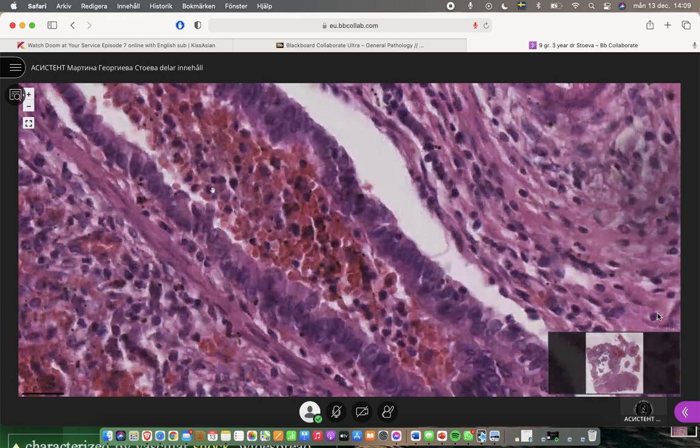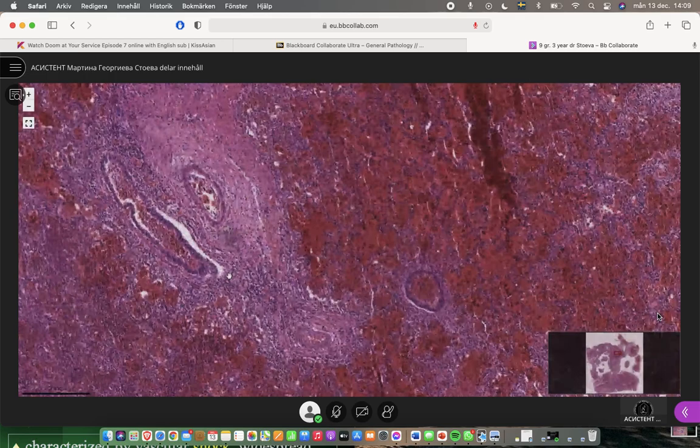There is another one here. These bronchioles are severely inflamed too. There is no cartilage and glands in the wall, that's why we decide these are bronchioles, but not bronchi.